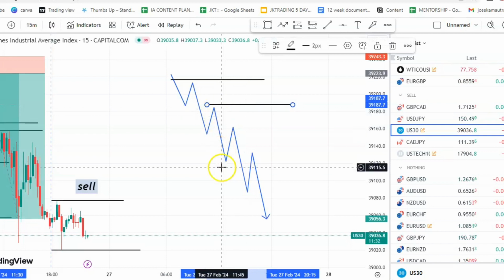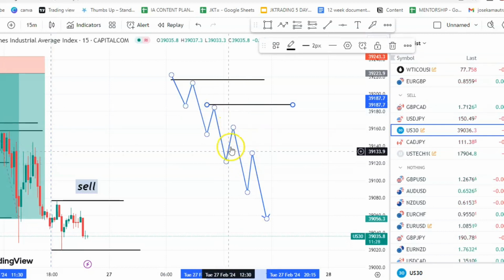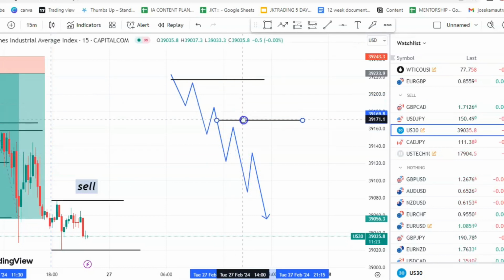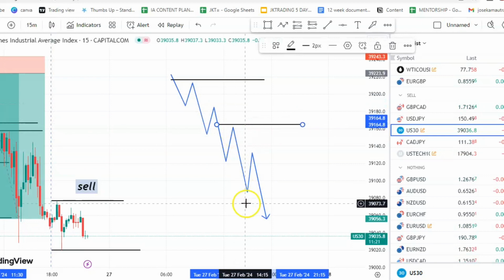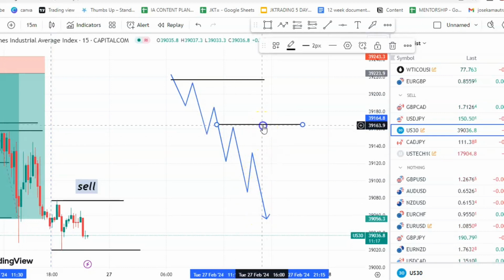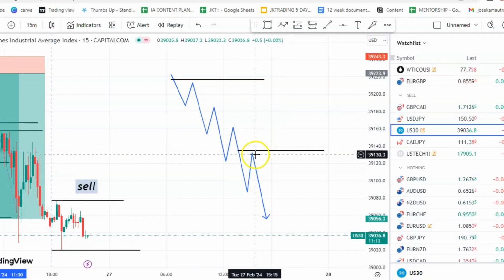If price breaks out again and gives us another break in structure, we move our stops to that level. If it breaks out again, gives us a retest and then a break in structure, we continue trailing like that, placing it a few pips above the most recent high.